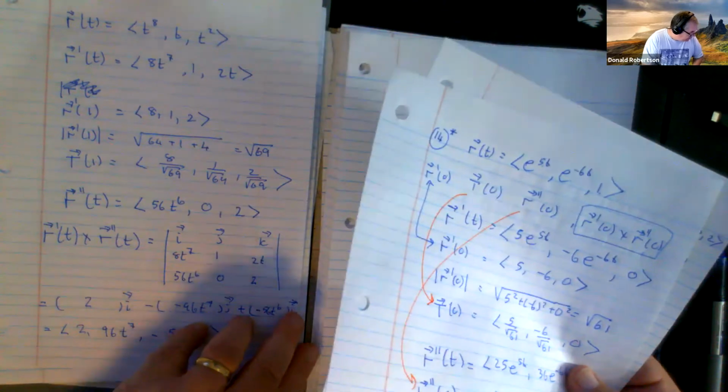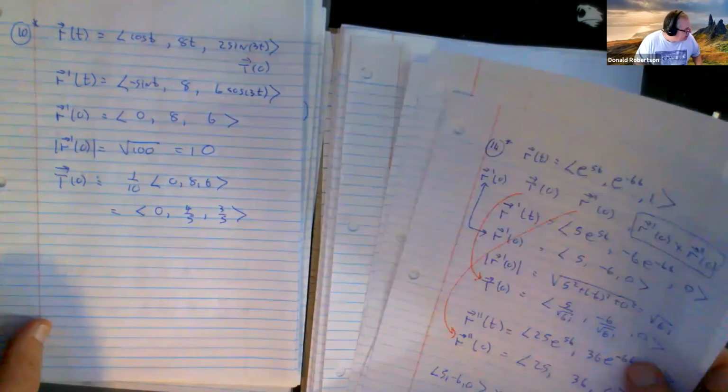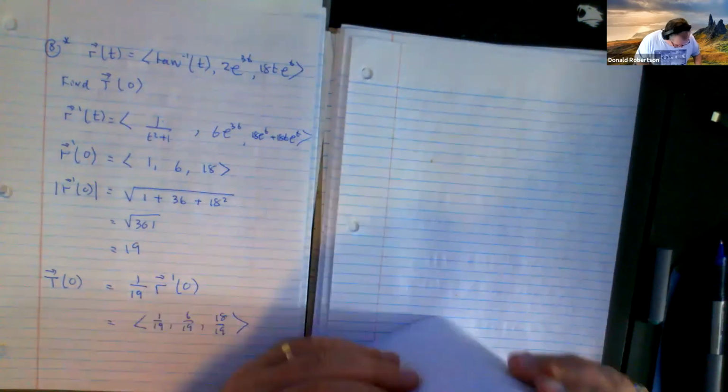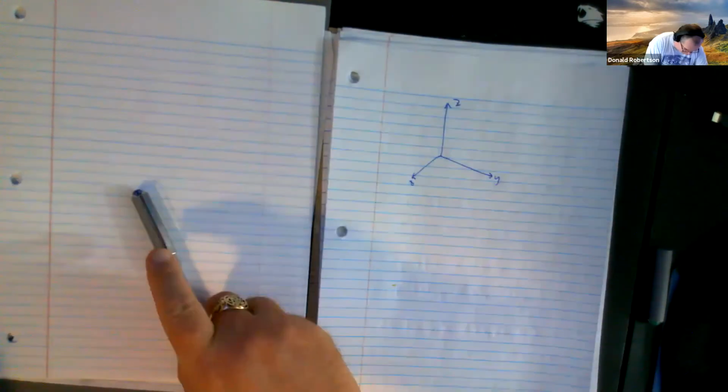Suppose I give you a space curve and I ask you to find the parametric equation of the line. So imagine that we have a space curve and I want to find essentially the classic Calc 1 question.